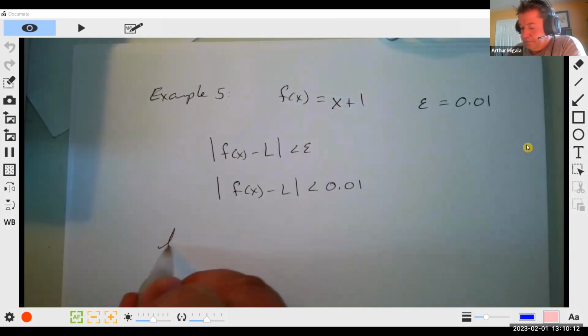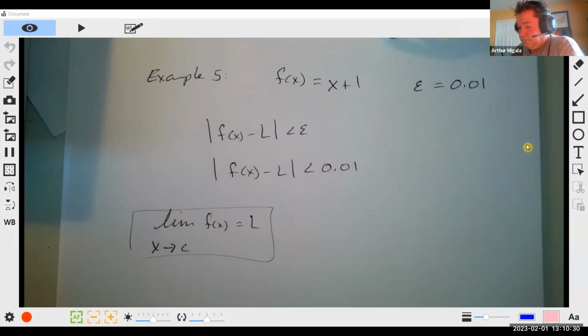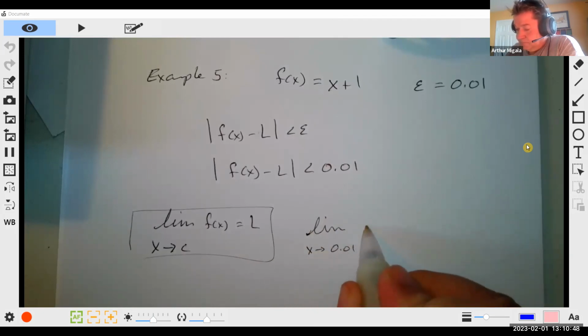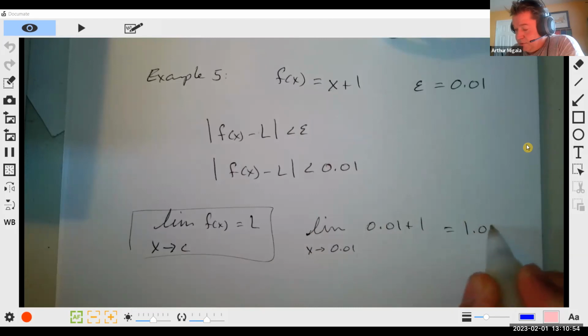So we look at our limit, because we need to find what our limit's going to be. So if we plug in our value, 0.01 plus 1 is 1.01.